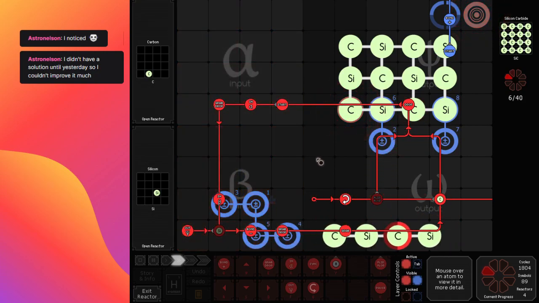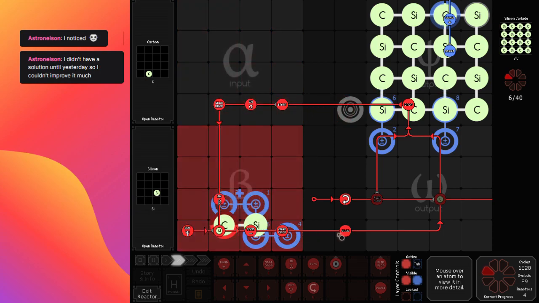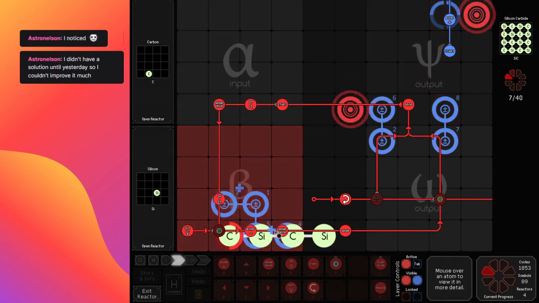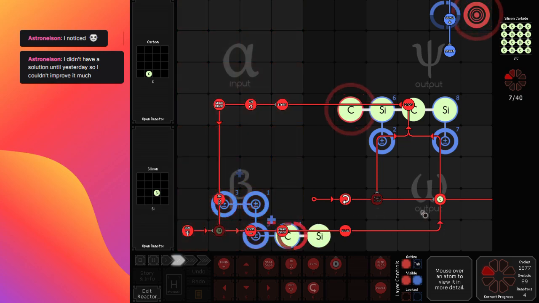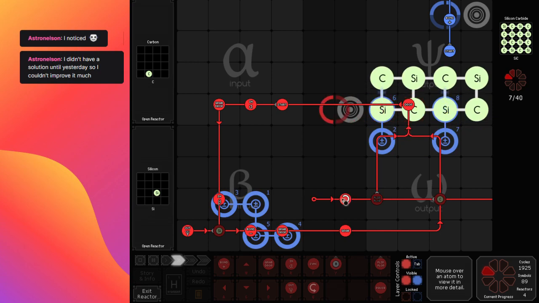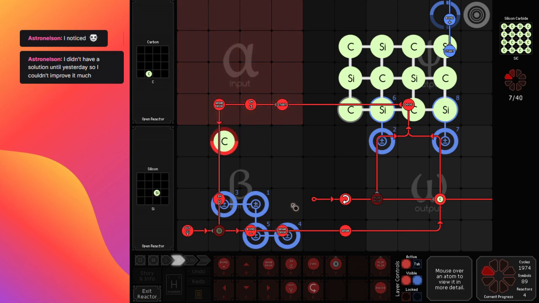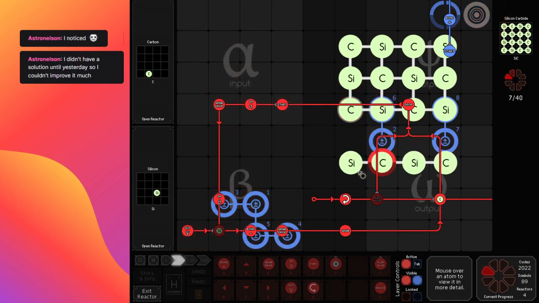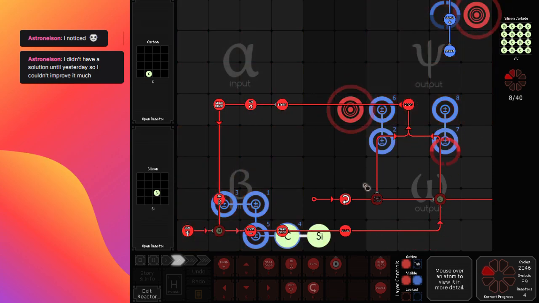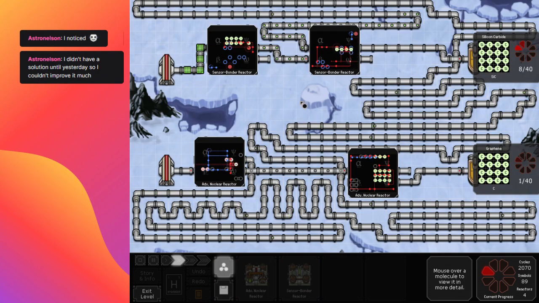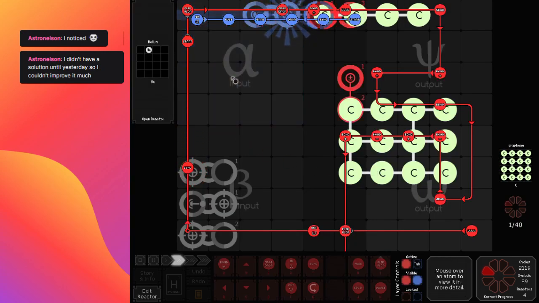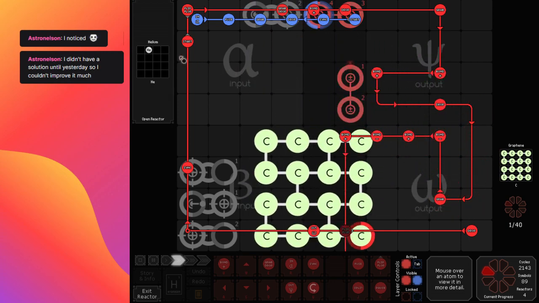So carbon, silicon, we've seen this before, except this time it's doing the stick building inside here, and it's doing the rotation inside of this reactor by itself. And then over here, we have this.